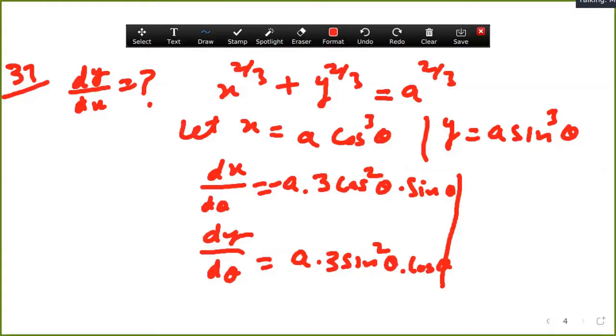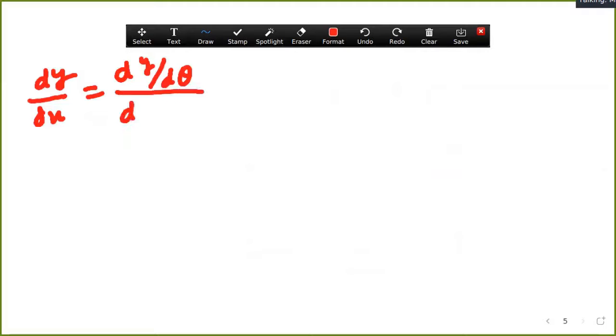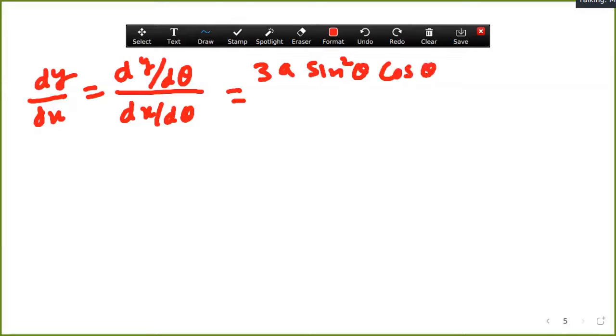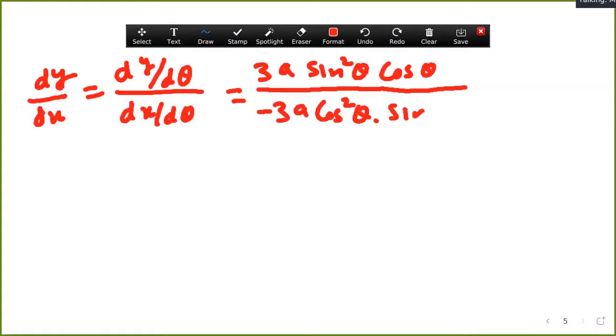As you know, the formula is dy upon dx is equal to dy upon d theta upon dx upon d theta. The values are from the previous page: 3a sine square theta cos theta upon minus 3a cos square theta into sine theta.